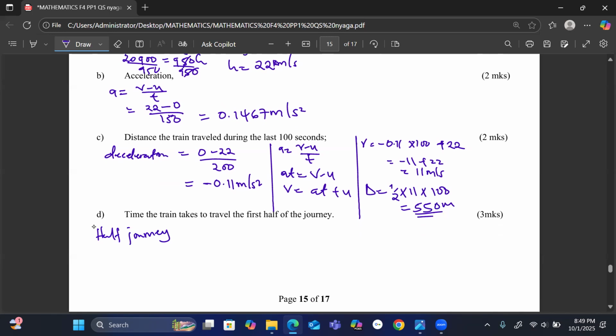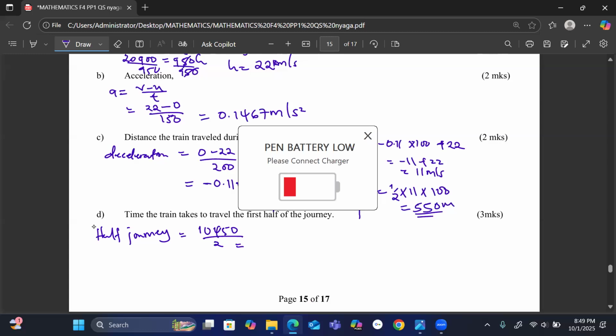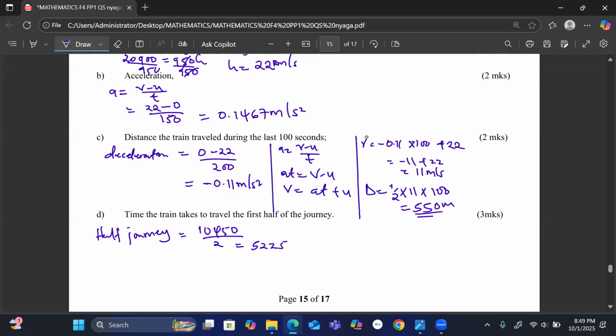Half journey is now going to be 10,450, the total, divided by 2, so that we have 5,225. So we have a half times 150 times 22, then plus 22 times x gives us 5,225.